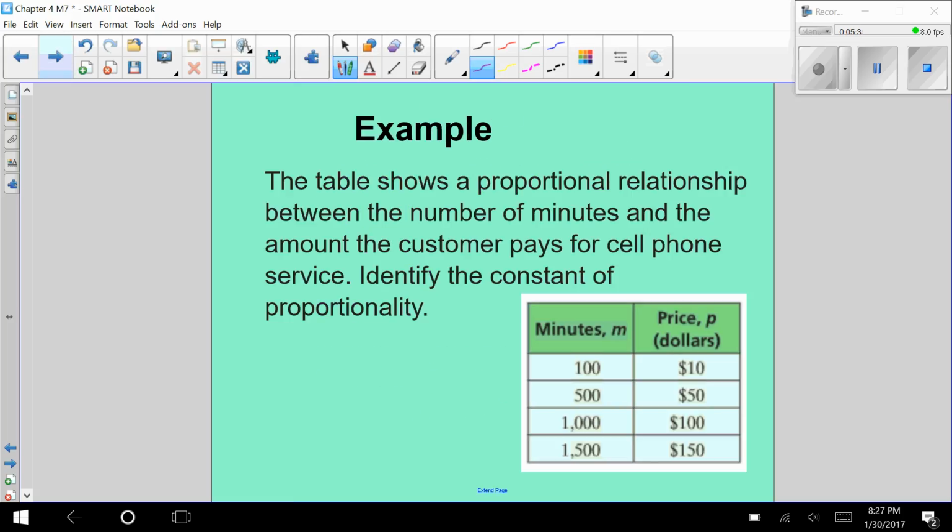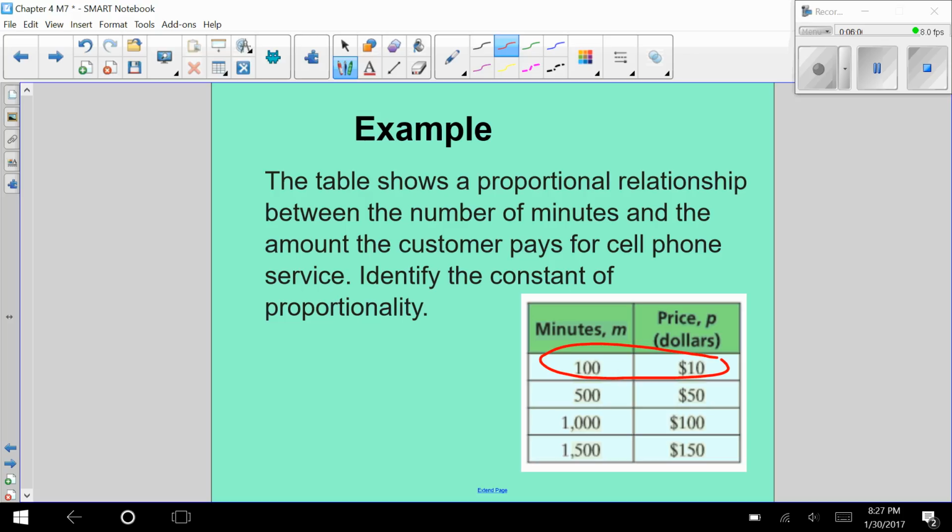All right, this table shows a proportional relationship between the number of minutes and the amount the customer pays for cell phone service. We are going to find the constant of proportionality. Now, in this case, we have to think to ourselves, does it make more sense to say dollars per minute or minutes per dollar? Well, dollars per minute makes more sense. So you get to pick any set of numbers.